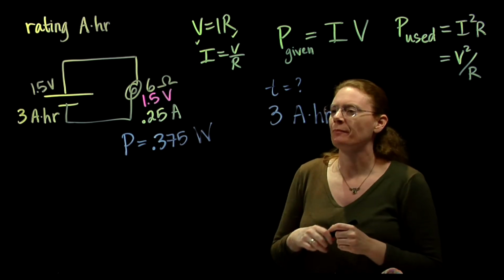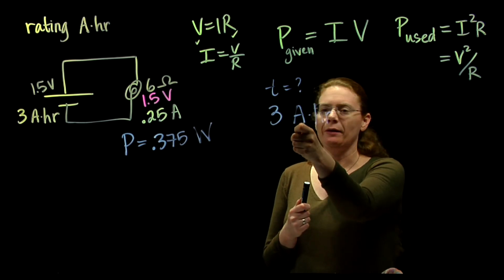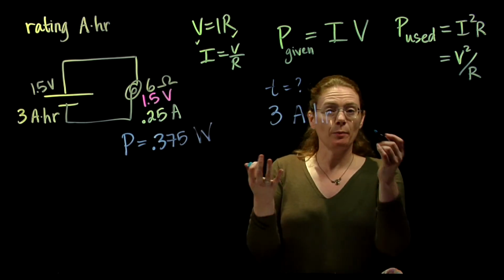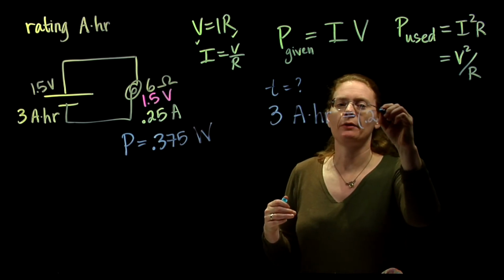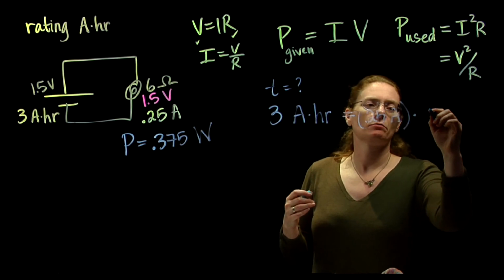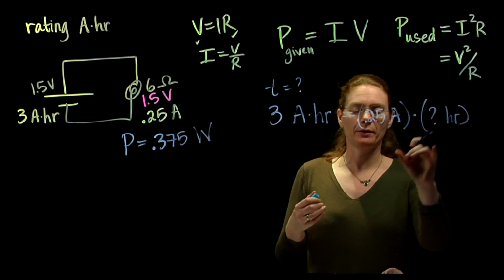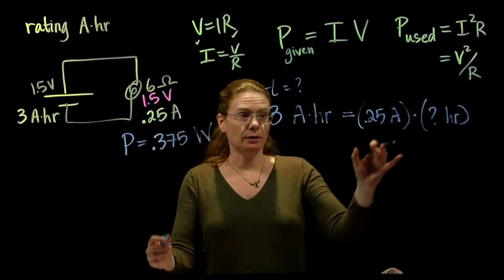It's amp hours. So if I want this, I need to know how many amps I would have. Well, I know how many amps I have. So I can just match up amps times hours. I have 0.25 amps times how many hours. So that'll give me amp hours, and this is another example where if you get the units right, you'll get the math right.